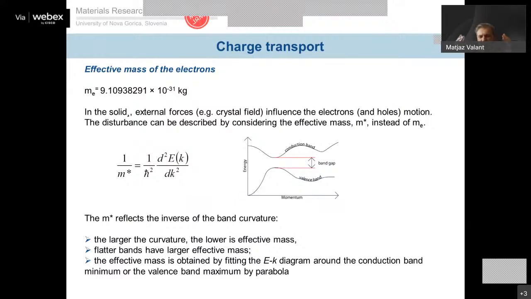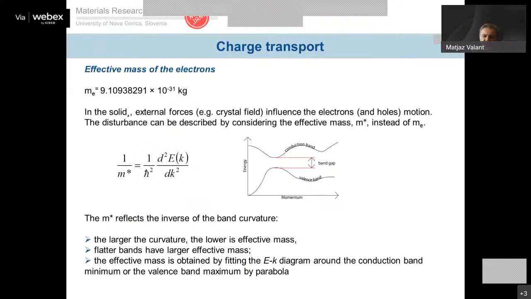All the surrounding atoms, ions, the surrounding crystal lattice provide some field. And electrons, as negatively charged particles, feel this field. They don't move completely freely through the lattice, but all the time feel the crystal field of the lattice.